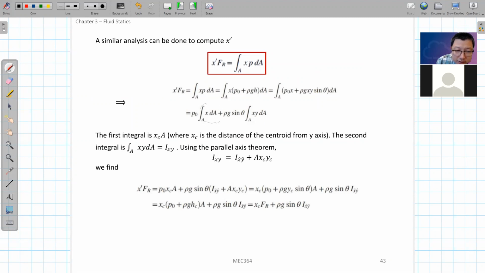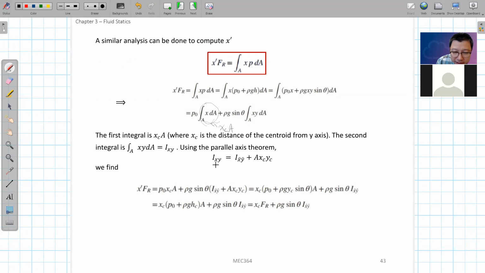This is the first moment of area on x, and this is the mixed second moment, the moment of area of x times y. Similar to before, this integral of x dA will be equal to xc times A, the centroid coordinate times area. And for this integral of xy dA, we are also using the parallel axis theorem, so that we can convert both x and y axes to the axes across the centroid.